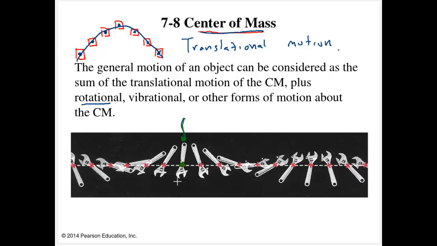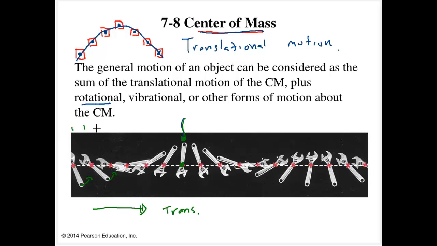So it's going to be represented by the X in these pictures here. And if you dropped it, or you set it going in this direction right here, it has its translational motion, and it's also going to have its rotational motion, both of which are going to occur about the center of mass.